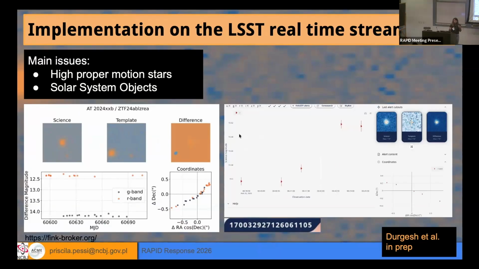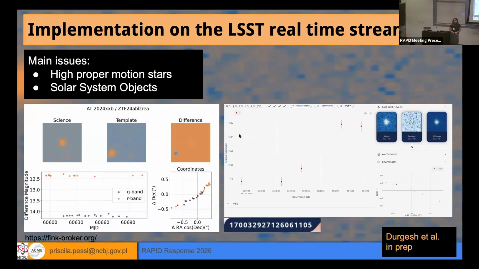We were processing on our own version of the pipeline, and there was something with the flagging of solar system objects, and then suddenly we had a ton of them. We don't want them because we want extragalactic things. But what we noticed is that the coordinate distribution of these high proper motion stars and the solar system objects is basically a straight line.